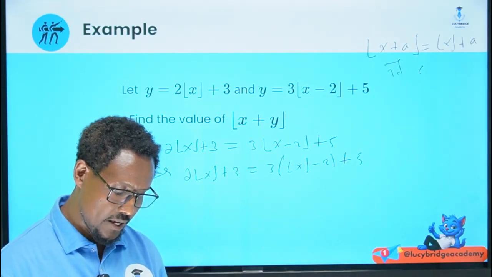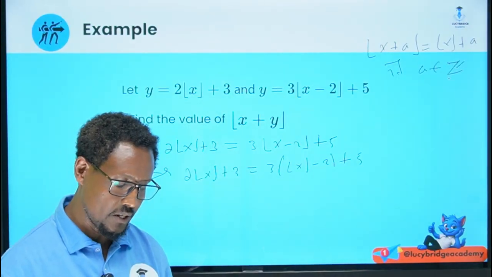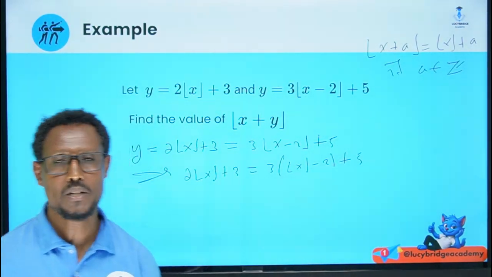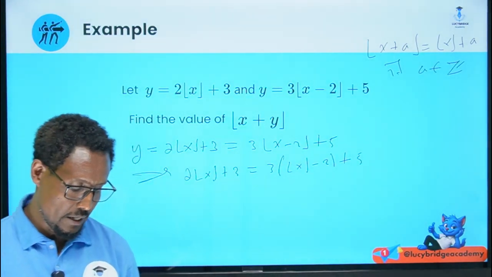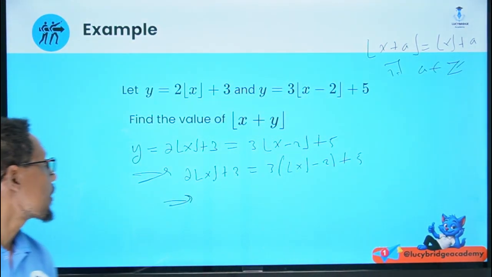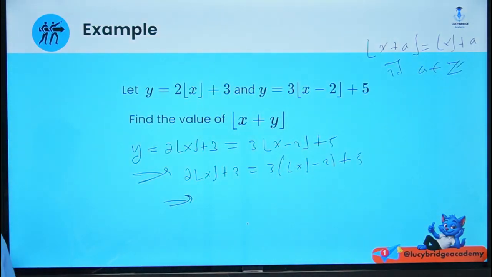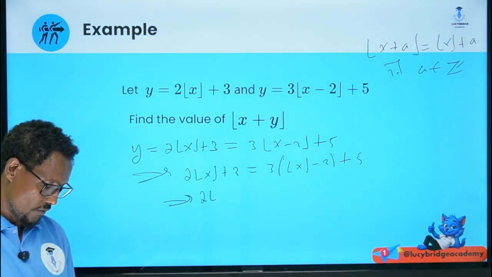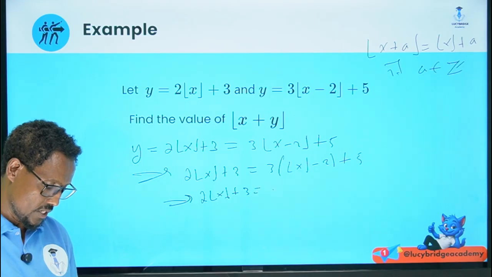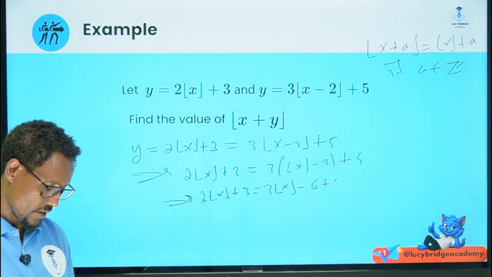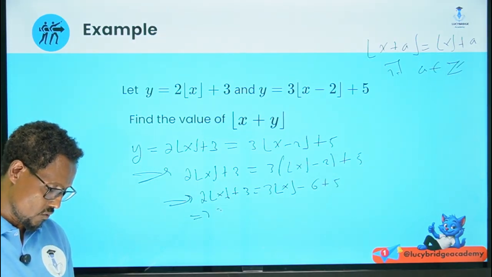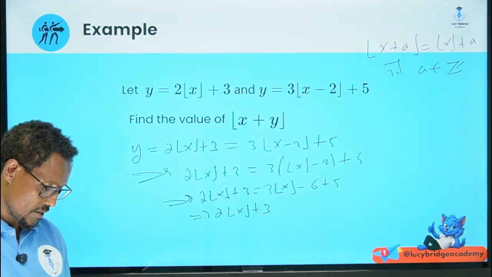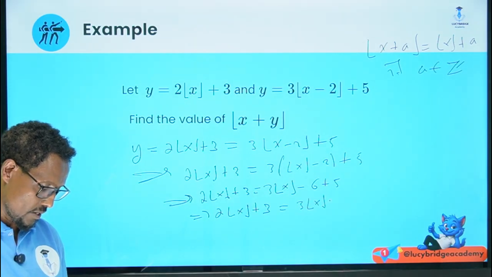if a is an element of integer. Now this means 2 times floor of x plus 3 is equal to 3 times floor of x minus 6 plus 5, which means 2 floor of x plus 3 is equal to 3 floor of x minus 1.